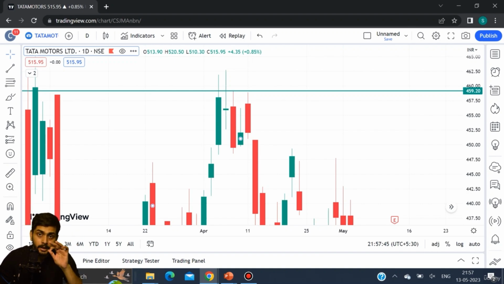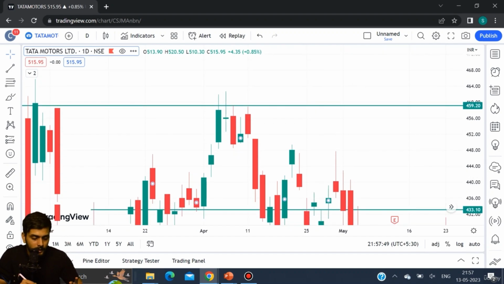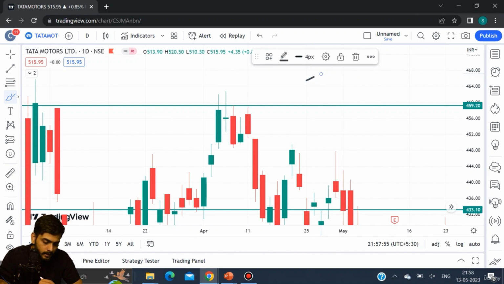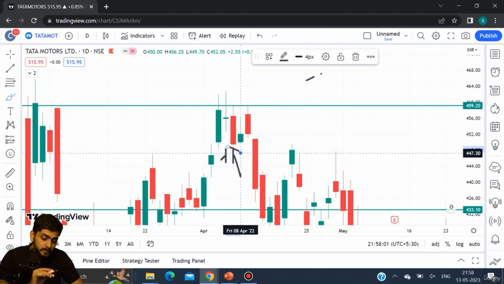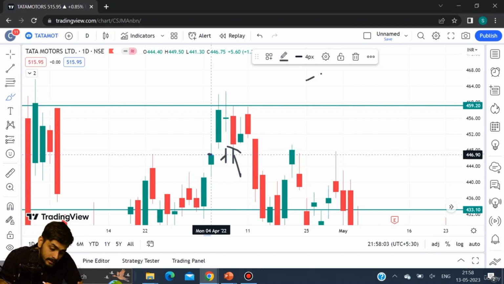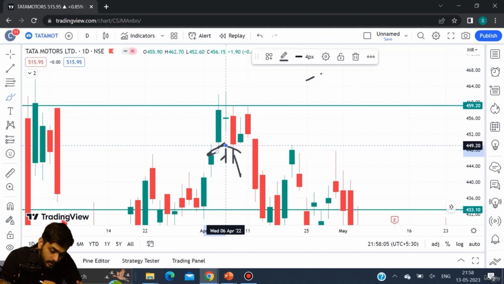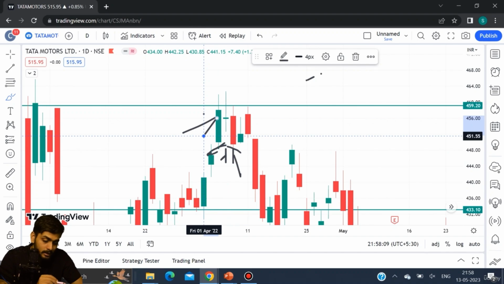No, you have to wait for the proper breakout. If you would have taken this trade, you would have hit the stop loss. I definitely agree. If you would have taken this trade, you would have entered into this candle, you would have hit the stop loss. Agree. But since this lower price rejection, wherever the market took the lower price rejection from in this candle, it did not break it.